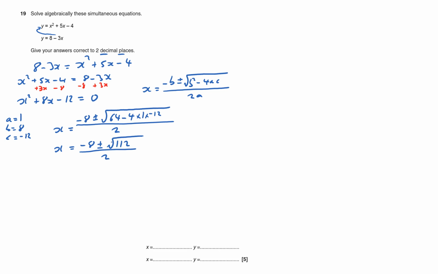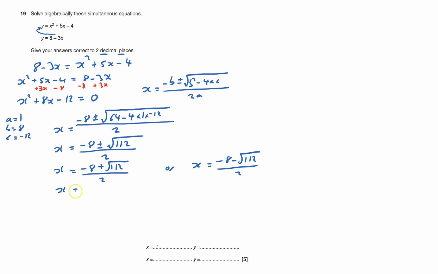And so I've got to work out what x is, but there are two values for x here. I'm going to split these up. So x equals minus 8 plus the square root of 112 over 2, or x equals minus 8 minus the square root of 112 over 2.